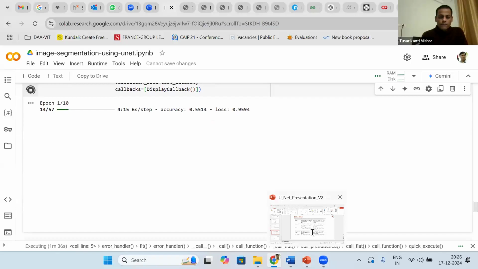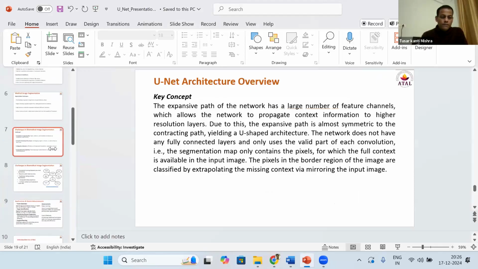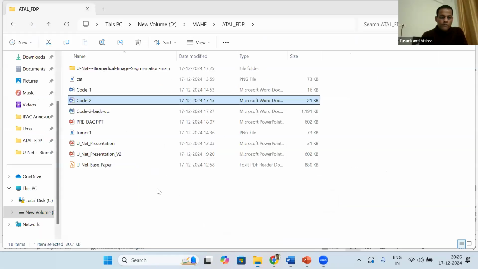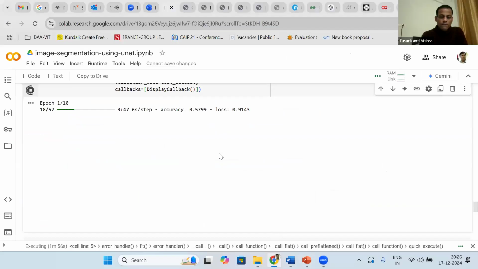Let us see if it is done. For 58, not bad. When we talk about research articles, we have seen people mentioning 99%, 98%, 92%, 85%.